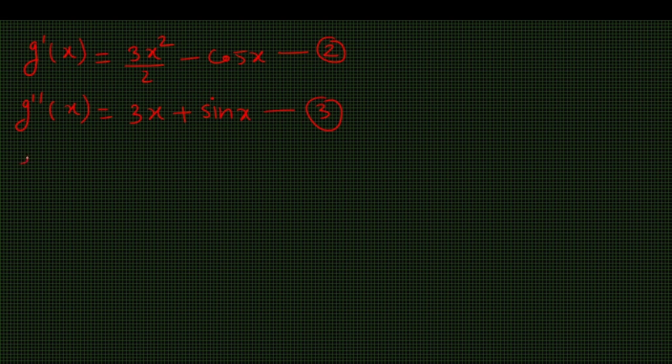Now from this equation number 3, we will put for positive x, g double dash of 0 is equals to 1, which is greater than 0, and our g double dash of x for x greater than 0 is positive, so we can say g dash of x is strictly increasing on interval 0, infinity.